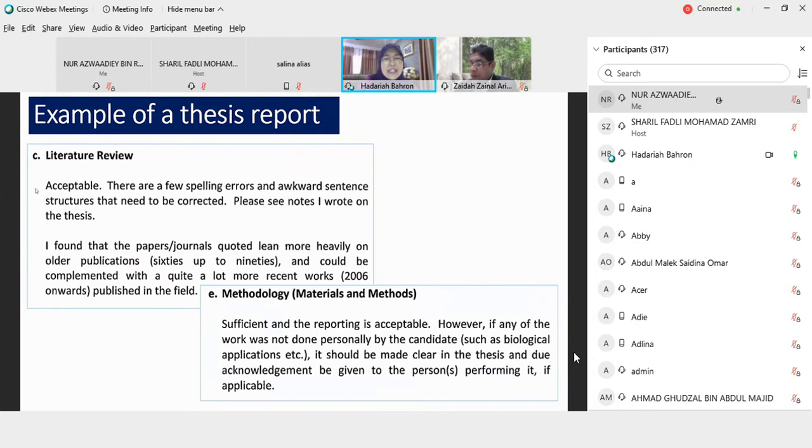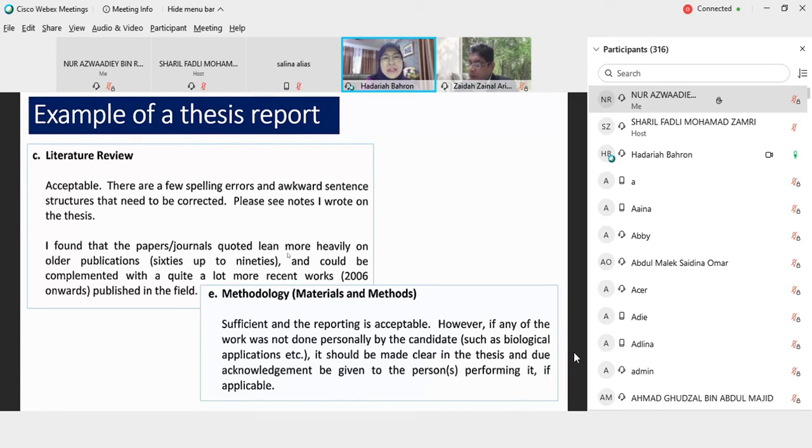For the literature, this is something that I wrote. I usually don't list down each and every single mistake. I just make a comment and I say, please see the notes I wrote on the thesis.